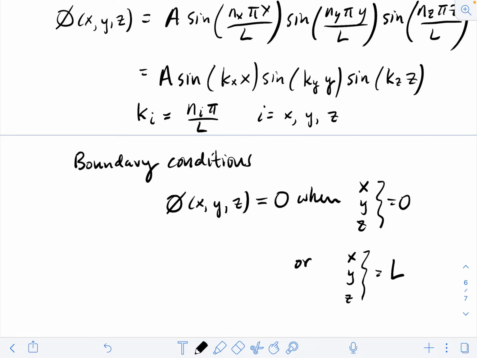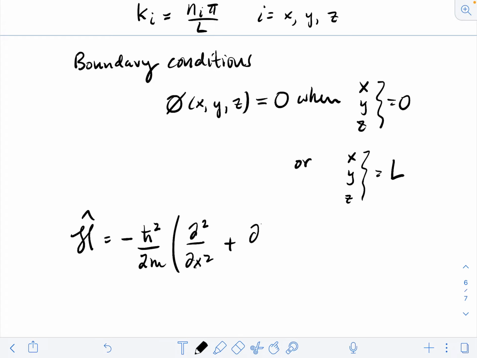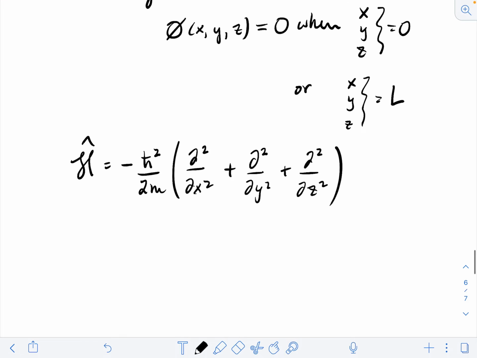Okay, so the Hamiltonian in this case is also similar. So in the 1D case, this is what we had, but now we also have to account for kinetic energy associated with motion in the y and z directions.